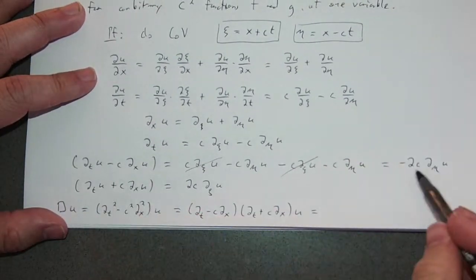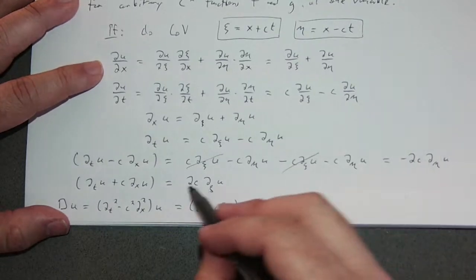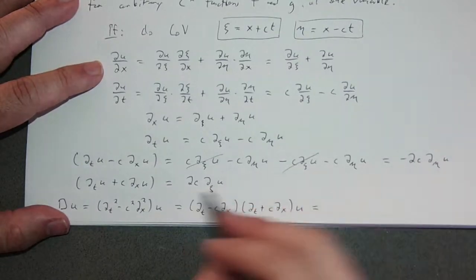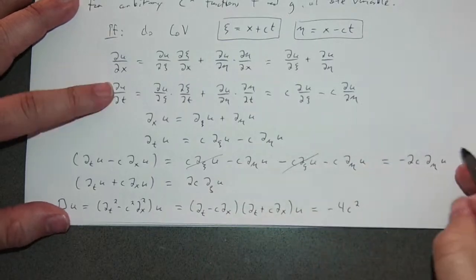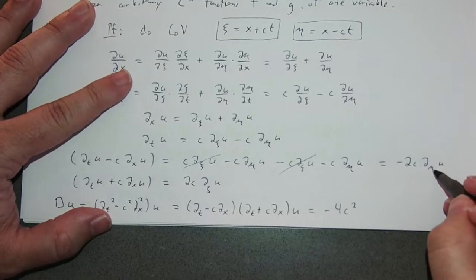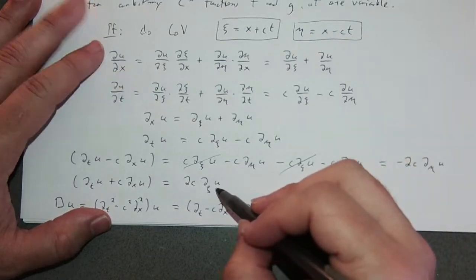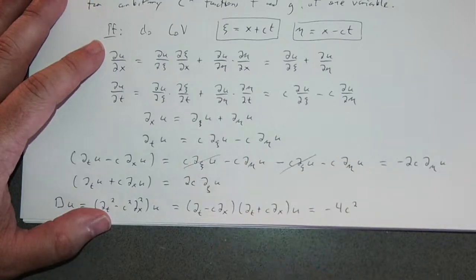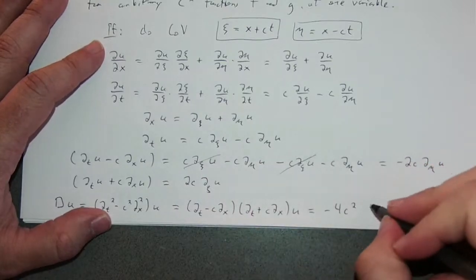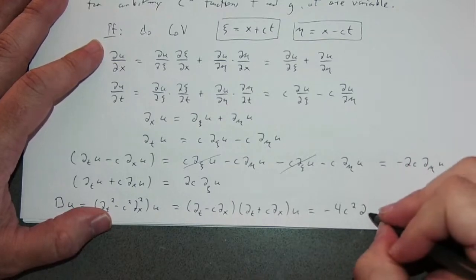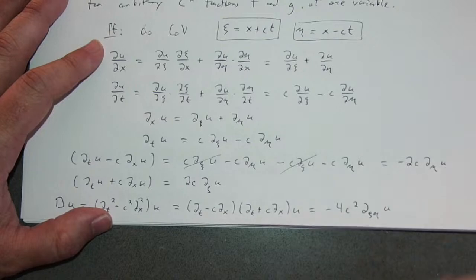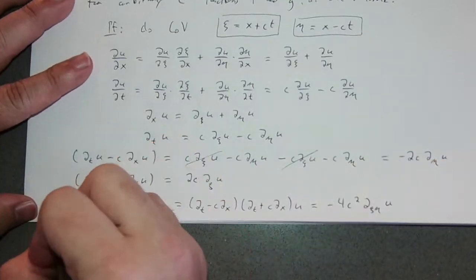That is a multiplication of these two operators, so this is minus 4c squared del sub eta del sub c. u is taken to be C2, so it doesn't matter what order those occur in. So I'm just going to write it as del sub c eta of u.